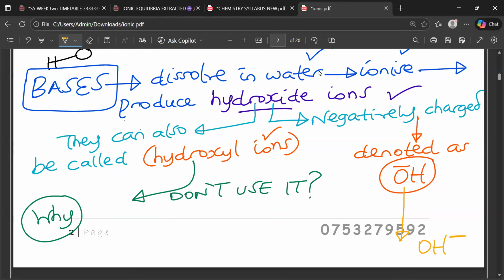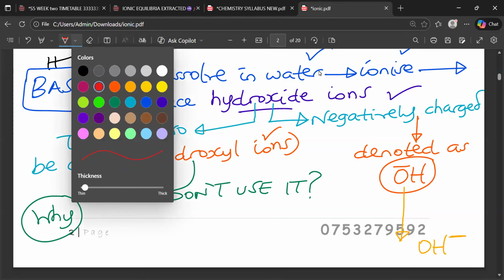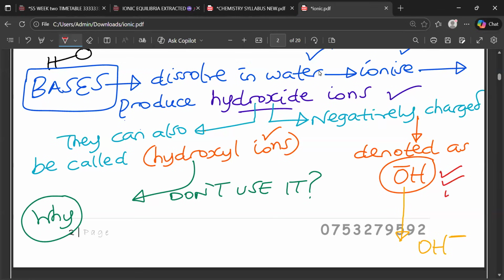Are you seeing? I'm going to give this one 3 ticks, and I'm only going to give this one 1 tick, because this one is better when the negative is on top of the O. The moment you put it on top of H, that is wrong. So either put it on top of O or put it after the H. But the one with the negative on top of O is better.